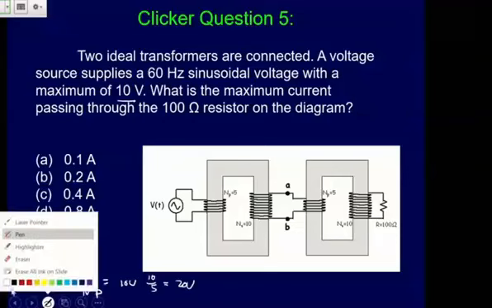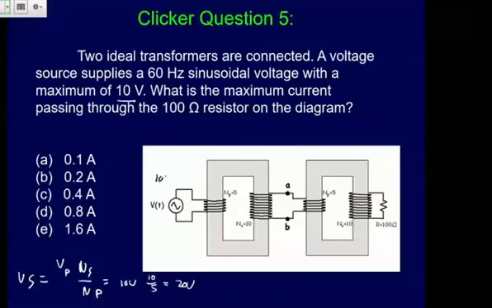So again, we're starting here at 10 volts, and at this in-between point we've got 20 volts now. And this second one is just like a mirror image of the first, so it's going to step up the voltage, just like that last one, to 40 volts. So the voltage across this resistor will be 40 volts.